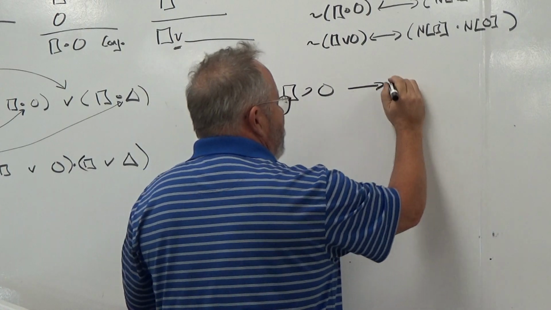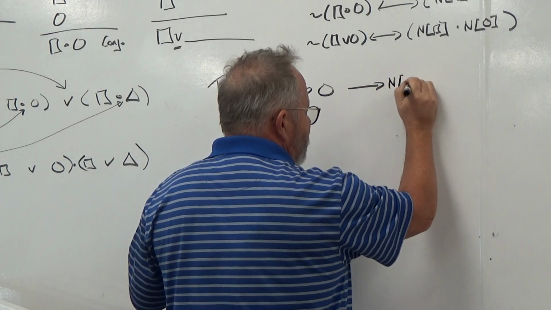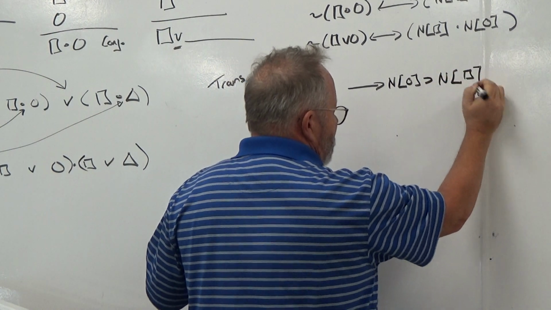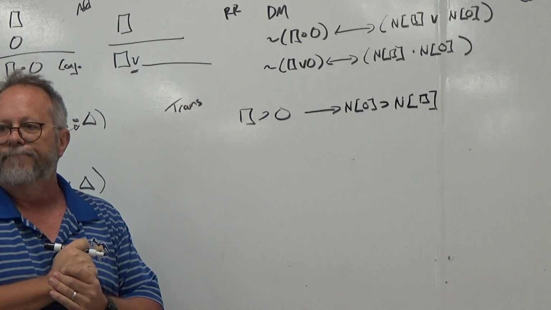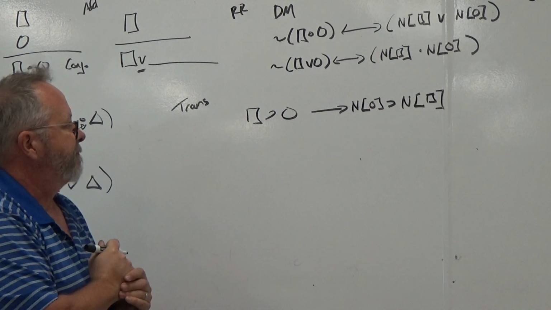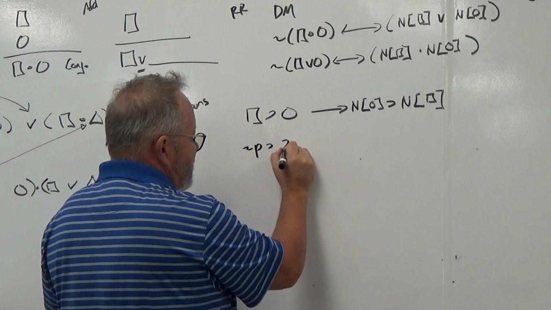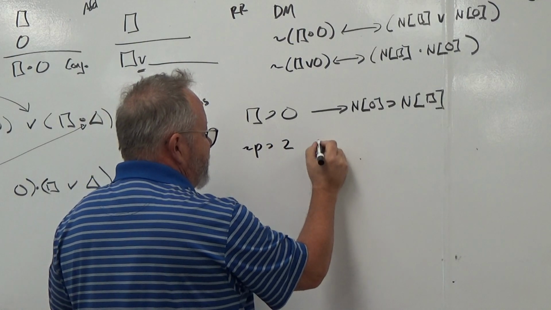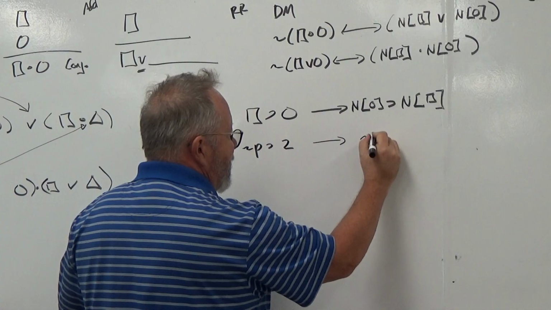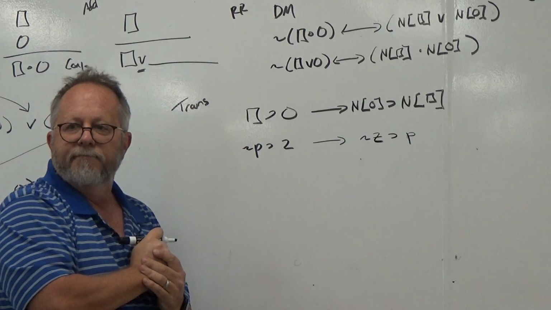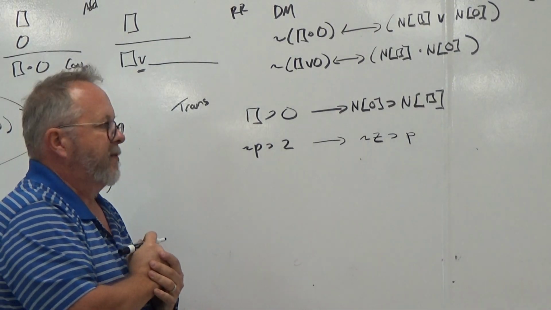Box and circle, I can change to the opposite of the circle, then the opposite of the box. Okay? So if I had not P, then Z, I could do transposition, and what I would get is not Z, then P. Everybody understand that, okay?